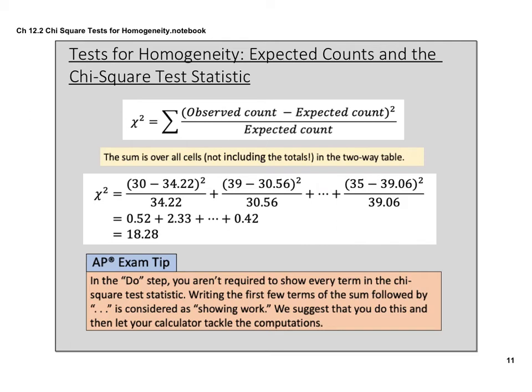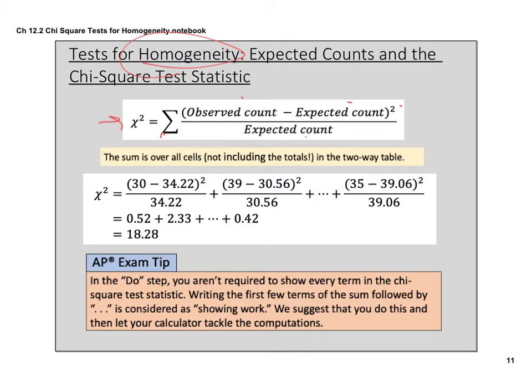All right, so here's where we get into calculating the chi-square test statistic. Now, we saw this yesterday, or we saw this in 12.1, I should say. We saw the chi-square test statistic being the sum of the observed minus expected squared divided by expected. That is still going to be true for tests for homogeneity.